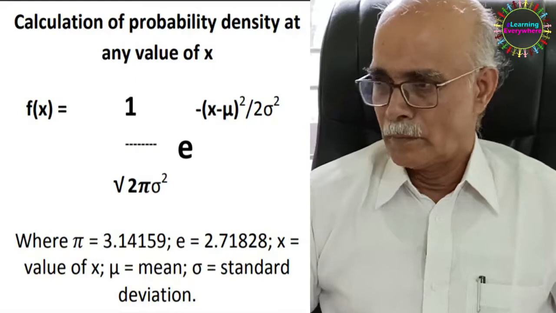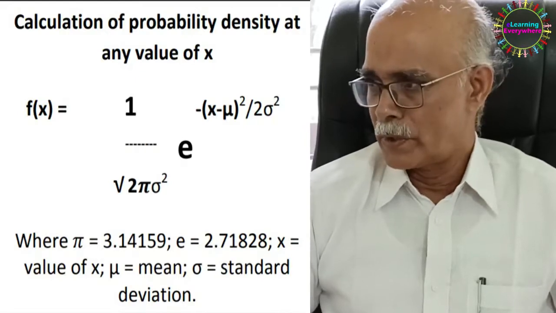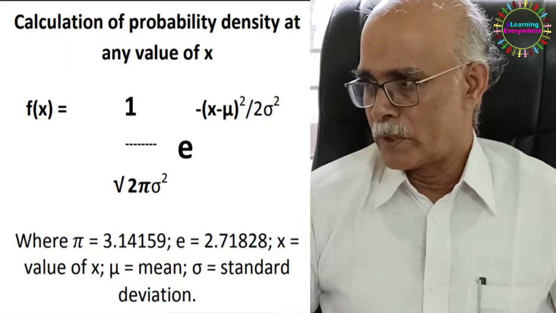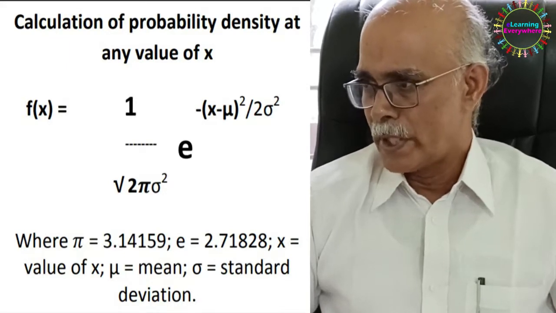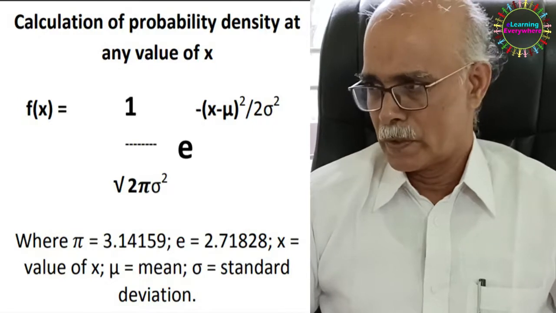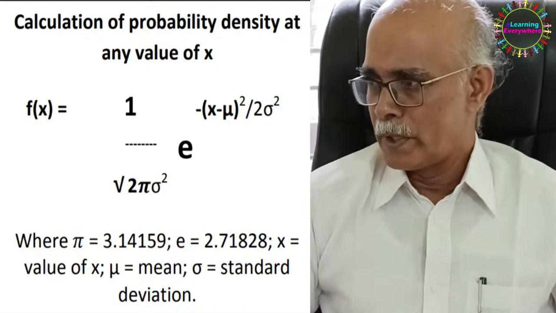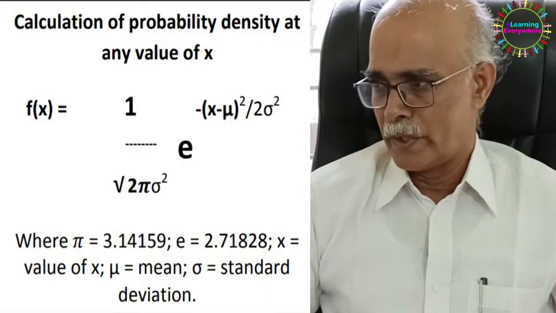Here pi, as we know, is 3.14159, e is equal to 2.71828. x is the expected value of x, mu is the mean, and sigma is the standard deviation. And then we have to know something about standard normal distribution so that you can apply normal distribution more effectively.